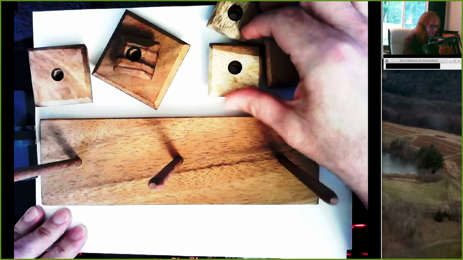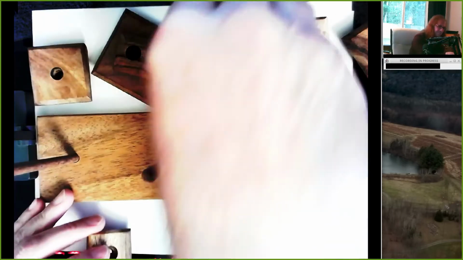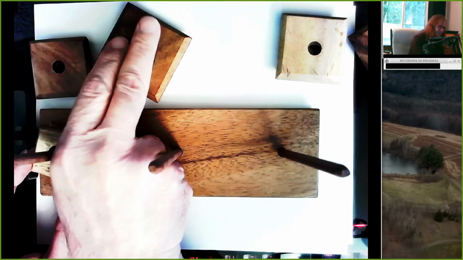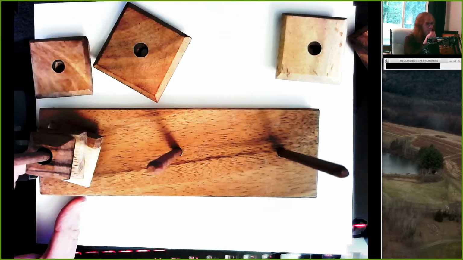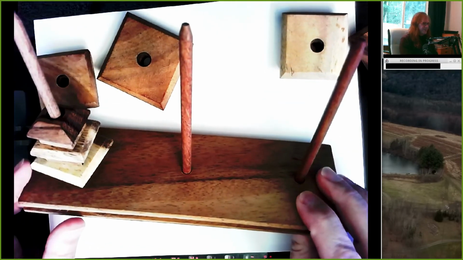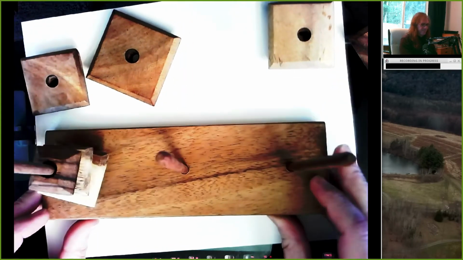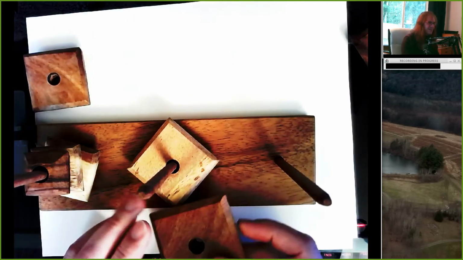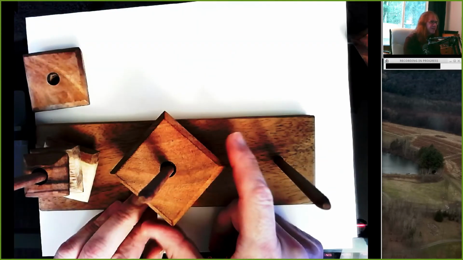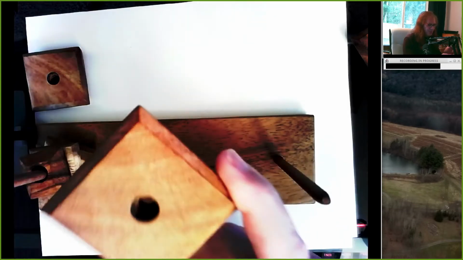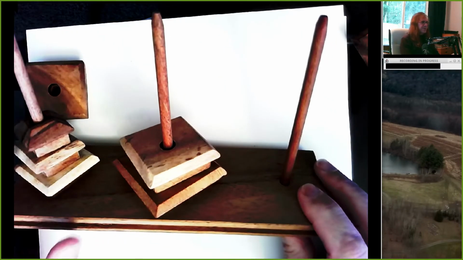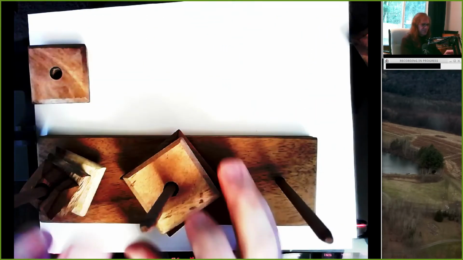The idea is you start off with a set of these squares sitting on one of these sticks, organized from largest to smallest. You're never allowed to put a larger disk on top of a smaller one. You can only put smaller disks on top of larger ones, so that it always looks like that, going from bigger to smaller as you go up.